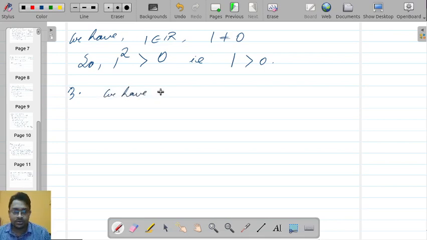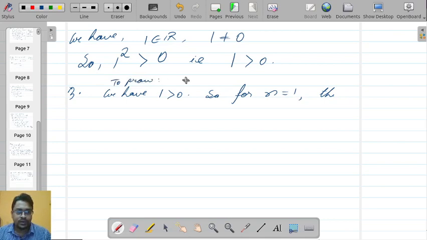We have 1 greater than 0, so for n equal to 1, the result is true.